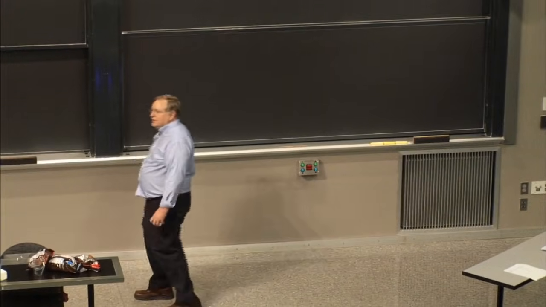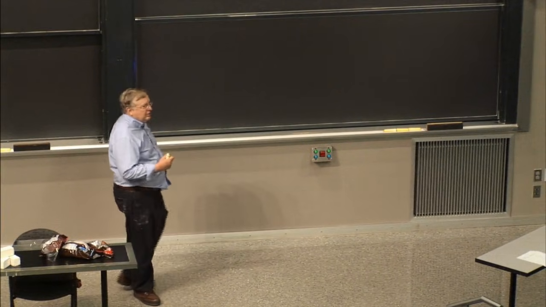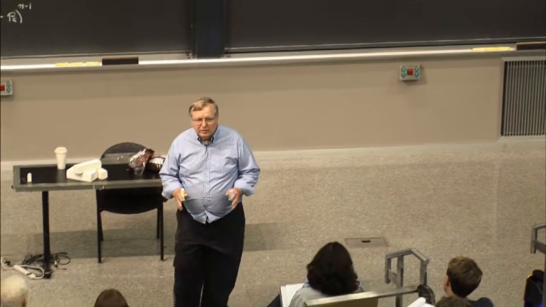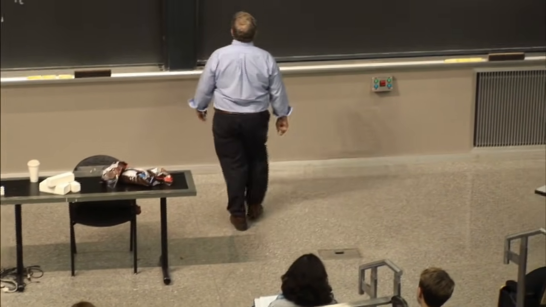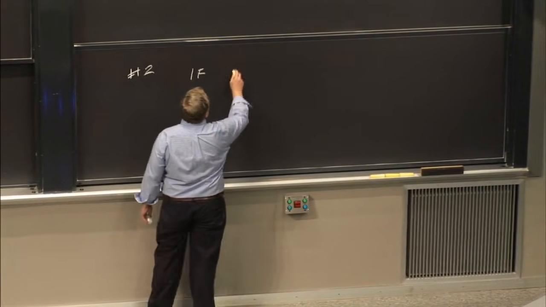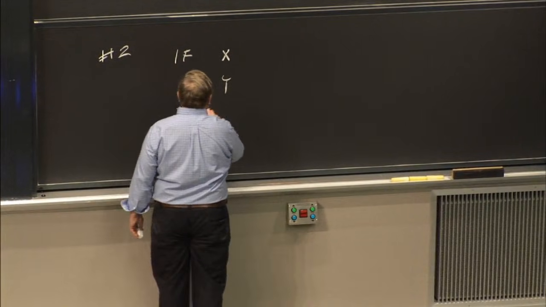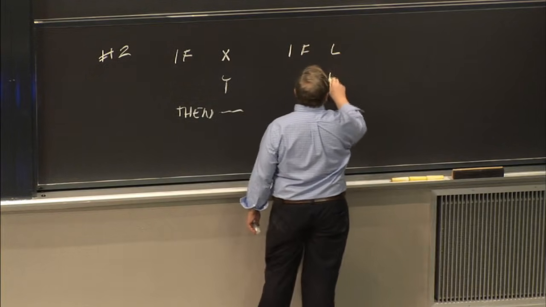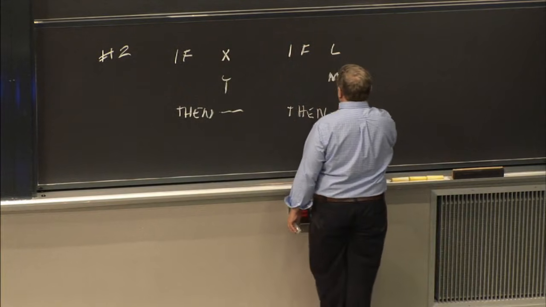And he was interested, he's a finance type guy, in whether he could build a rule-based expert system that could predict the winners at horse races. So his rule-based expert system consisted of rules like this: if X and Y, then some conclusion. If L and M, then some kind of conclusion.